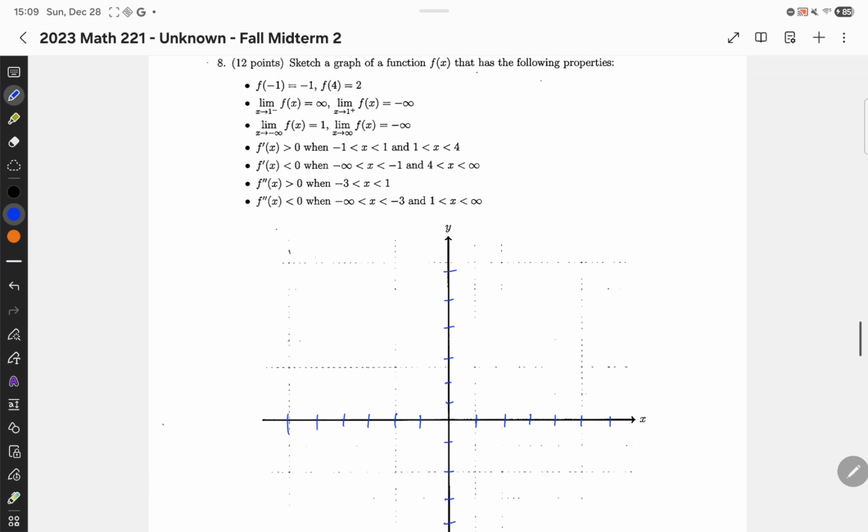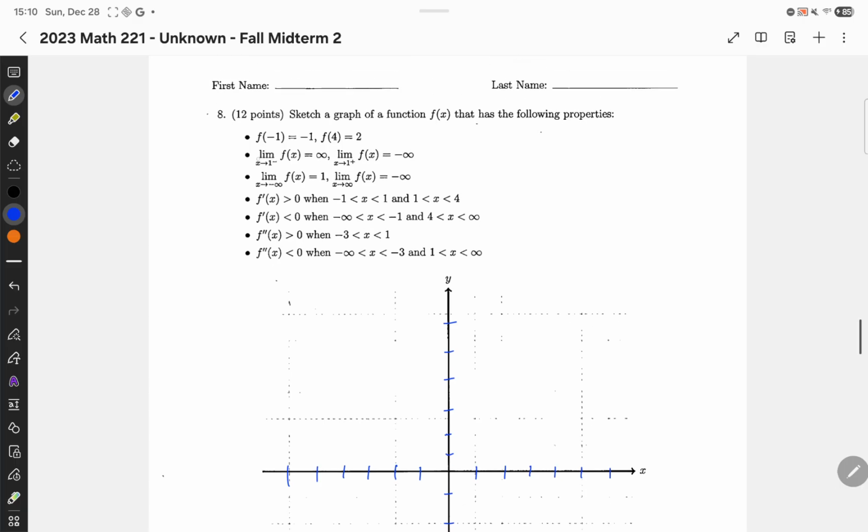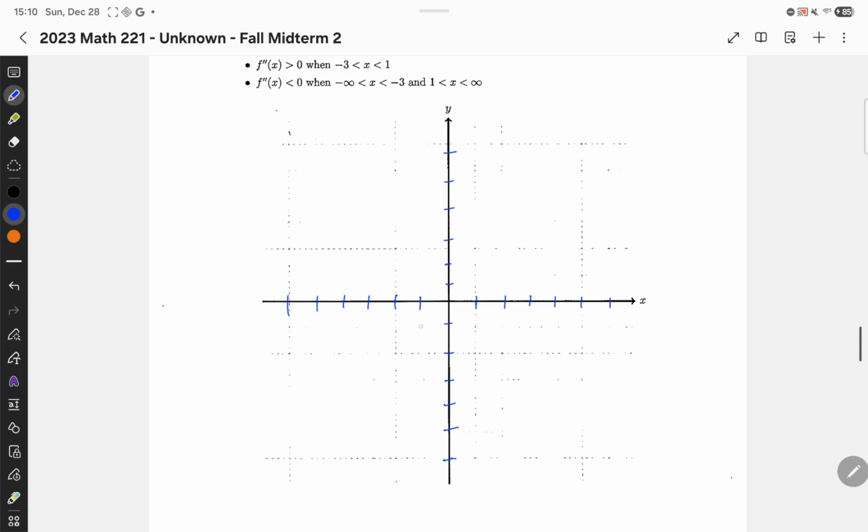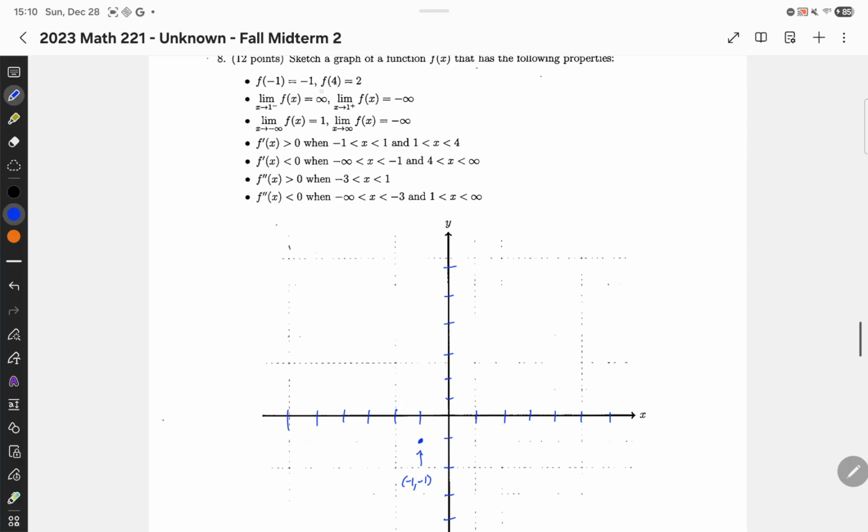Alright, now let's start looking at these. We have a couple points. We have that f of minus 1 is minus 1. So let's put that down and label that. Minus 1, minus 1. And also we have that f of 4 is equal to 2, which is right here, 4 comma 2.